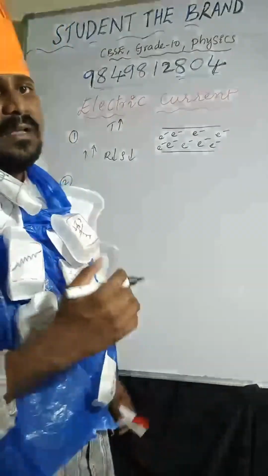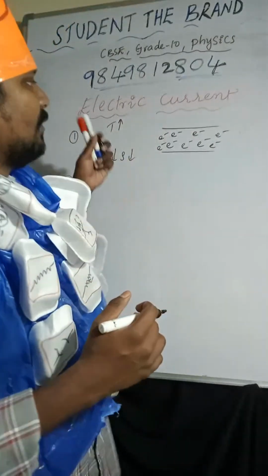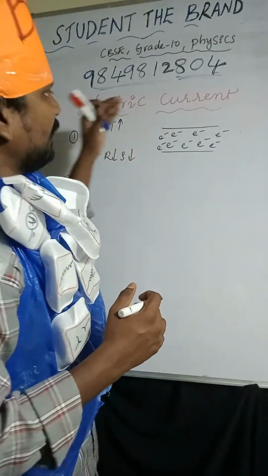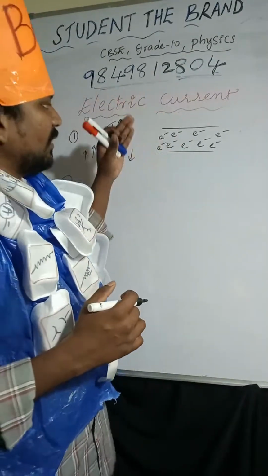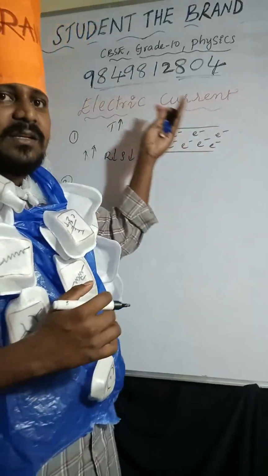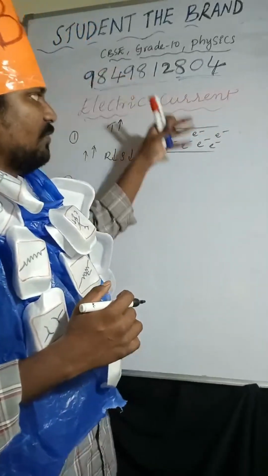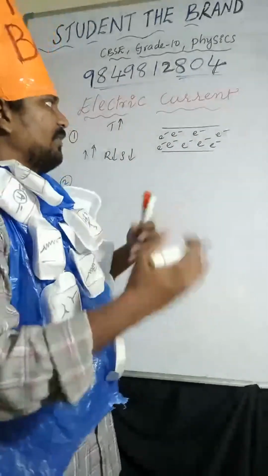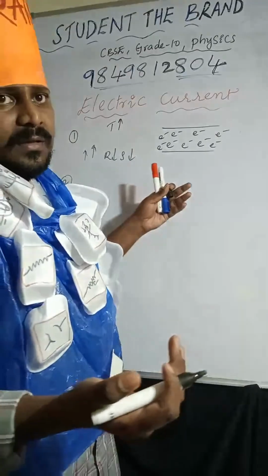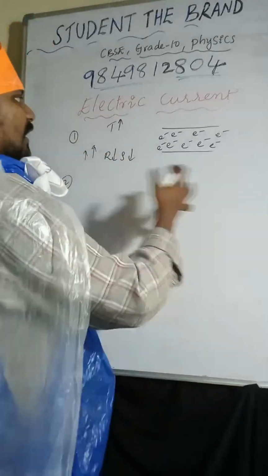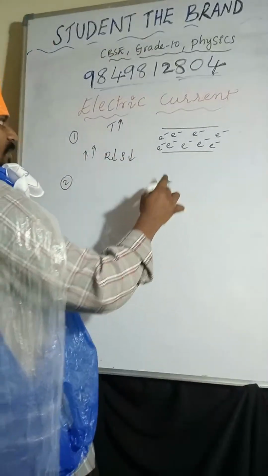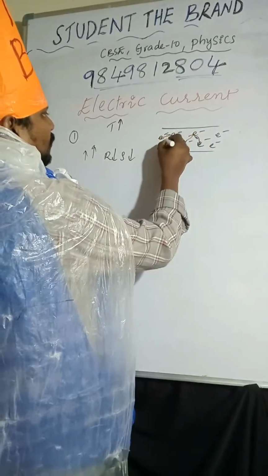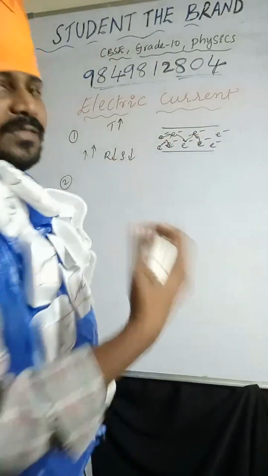Point number one, when temperature increases, free electrons increase, movement of the free electrons increases. So electrons will move with a greater amplitude, more frequently. Then more collisions will take place, more frequently.